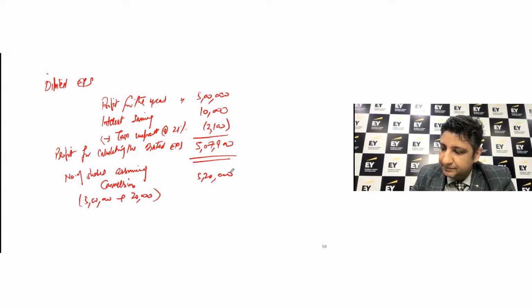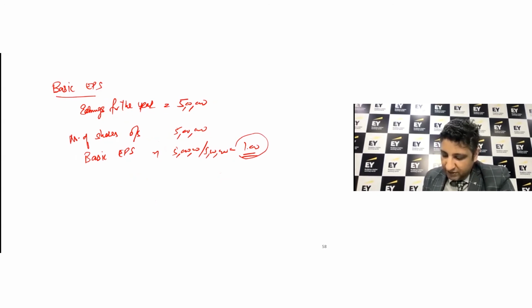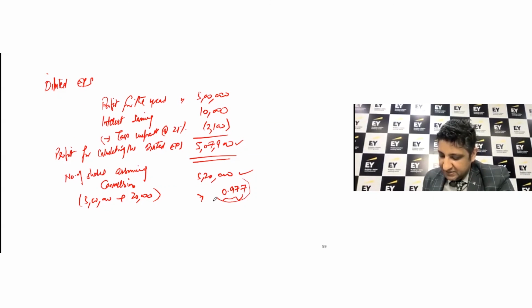And simply the revised EPS would be 5,07,900 divided by 5,20,000. That gives 0.977. That's the approximate number that we're looking at. Of course, the original EPS was 1 rupee a share, and the revised EPS is less than that. So this becomes the diluted EPS for us.